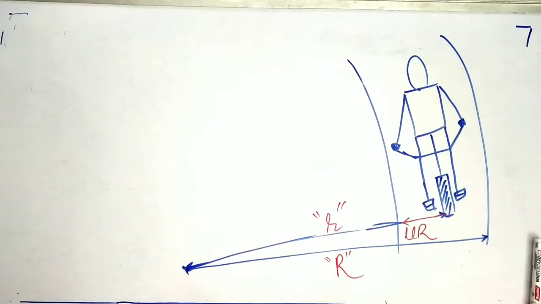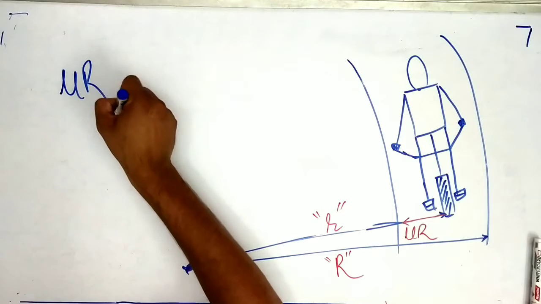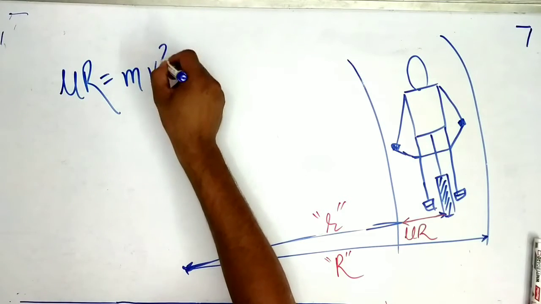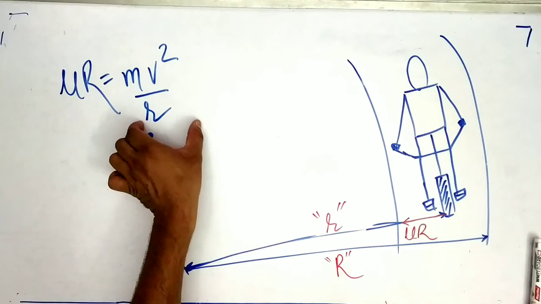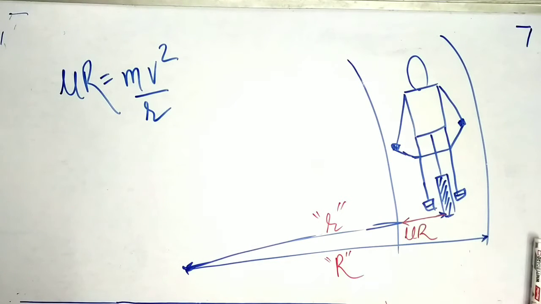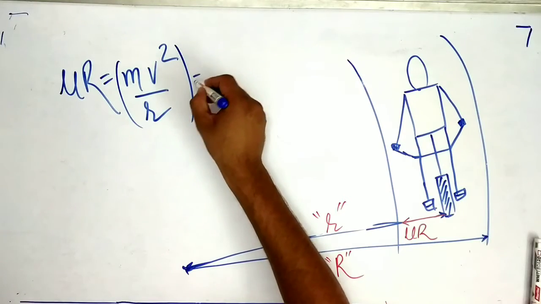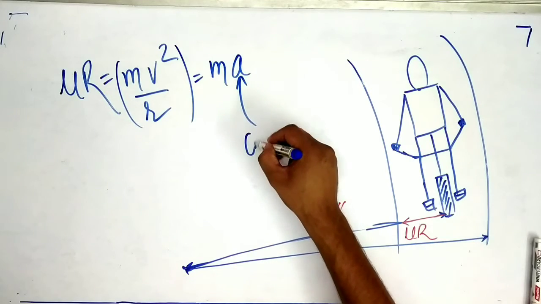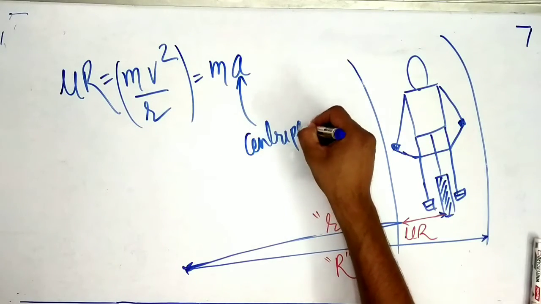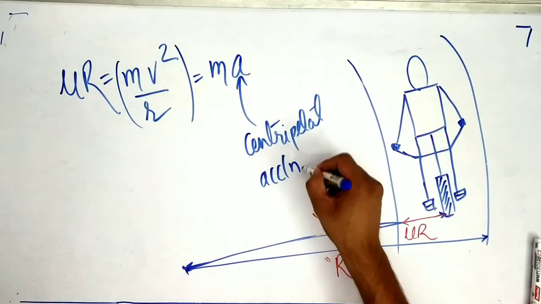Okay, now we are going to make an equation from the concept that we just learned. Mu R, the friction, is going to be equal to mv square by r, which is the centripetal force. M into A, where A is the centripetal acceleration. We discussed centripetal acceleration in the last video.